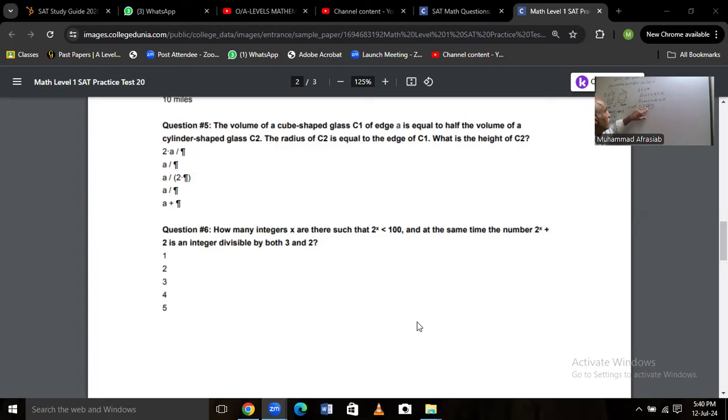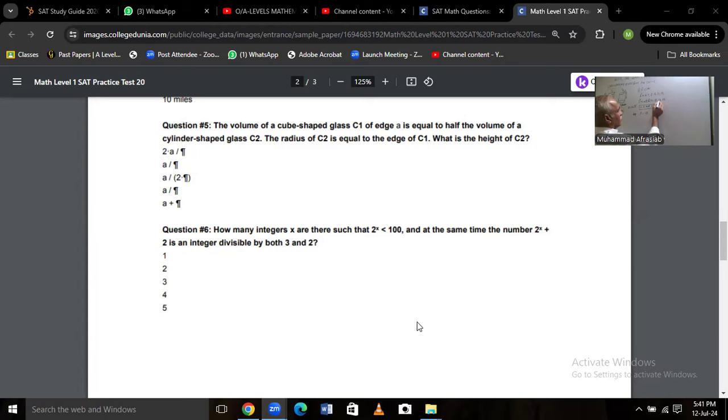For divisibility by 3, the sum of the digits should be divisible by 3. So 4 is not there, 6 is there, then 10 is not there because it is divisible by 2 but not by 3. 18 is there because 1 plus 8 is 9, so it is also divisible by 3.